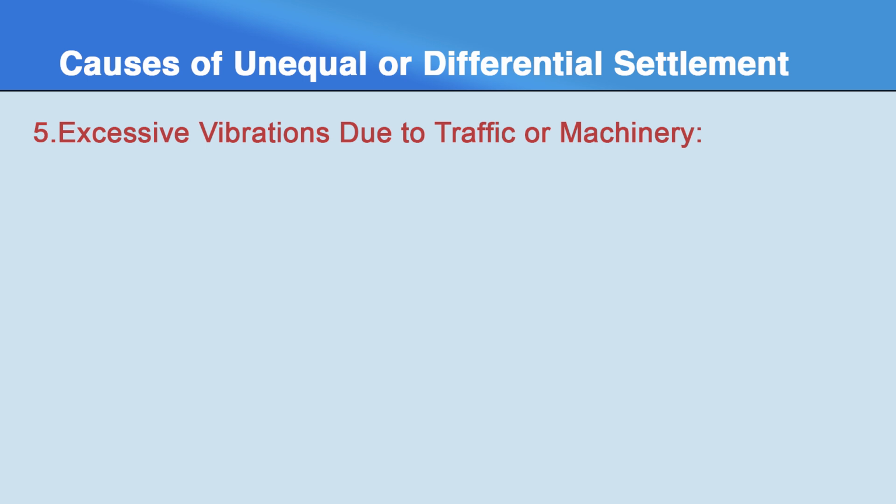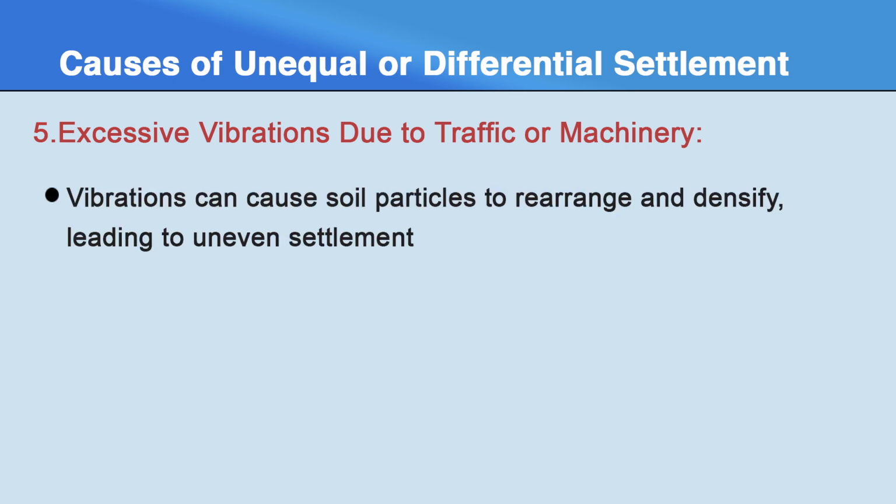Continuous vibrations from heavy traffic, construction activities, or industrial machinery can lead to the gradual compaction of the subsoils, resulting in differential settlements. Vibrations can cause soil particles to rearrange and densify, leading to uneven settlement.